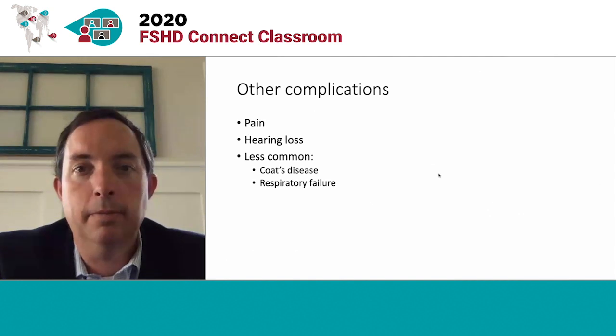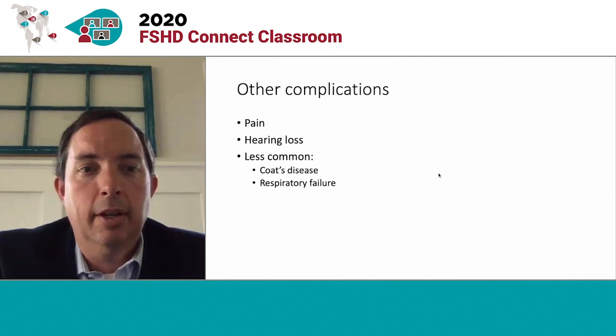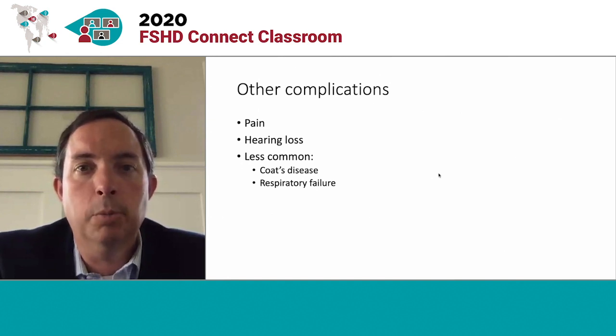It's usually fairly minor hearing loss, but it can be more significant. There are less common complications. So there's a particular retinal vasculopathy called Coats disease. That is almost always seen in those individuals with that 1 to 3 repeat length. So it's much less common. It's more common if you have the more severe repeat contraction FSHD1.